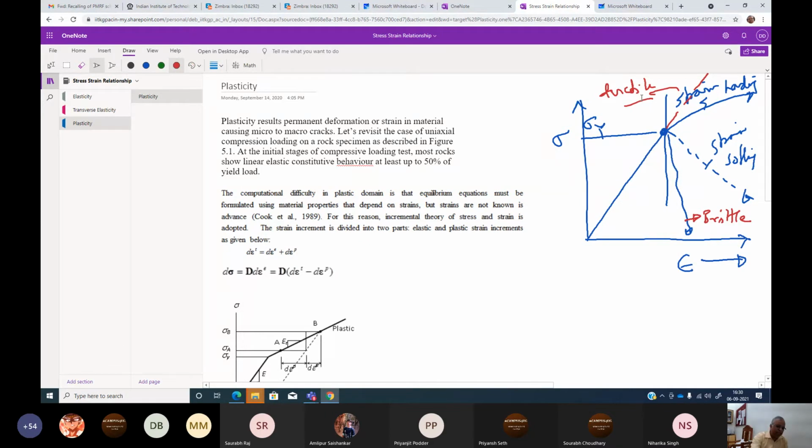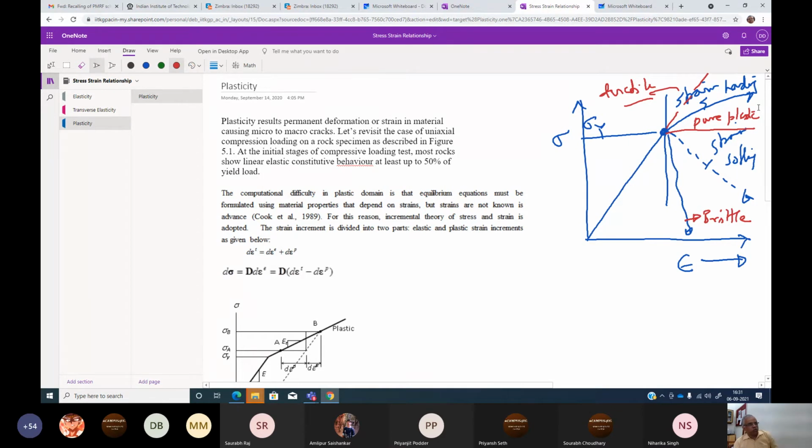There is another behavior which is more or less theoretical. This may go straight, and this is called pure plastic. When it is straight, when stress doesn't increase or decrease as the strain increases, then it is called pure plastic behavior.